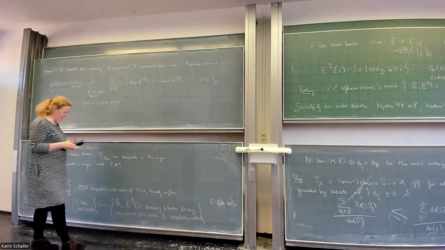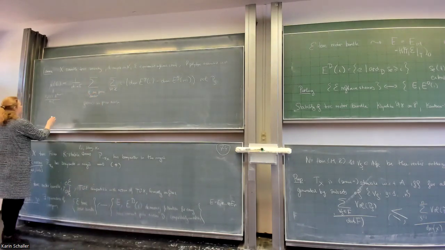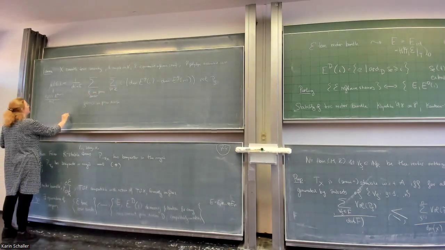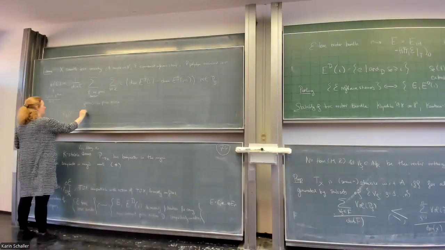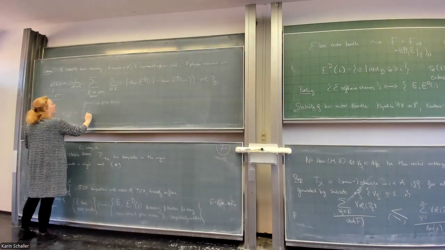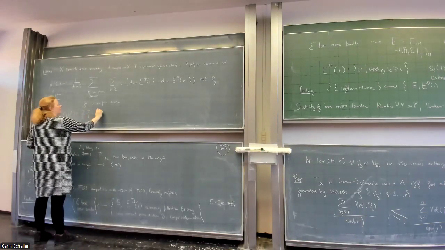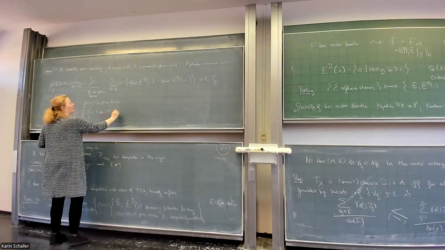So what goes in here is that the first Chern class of E has this formula: the sum over all rho, sum over all i of the dimension of rho of i.